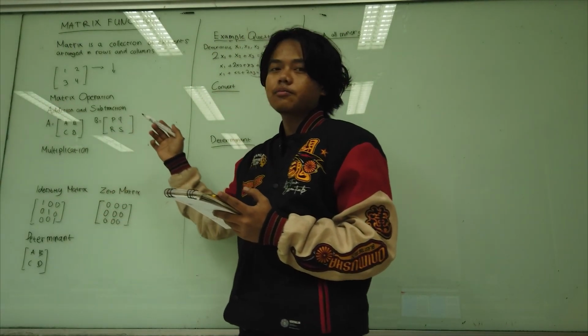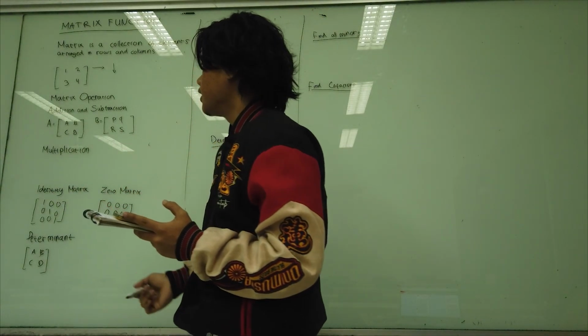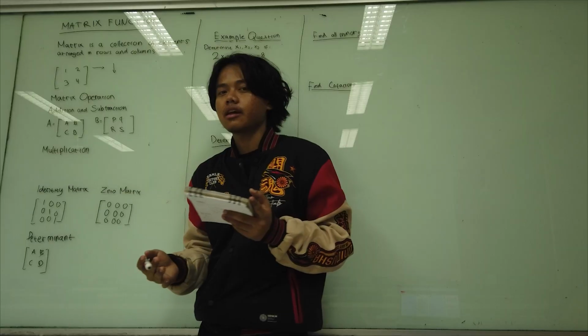So I will explain simple matrix operations. The first one is addition and subtraction. Imagine we have two matrices.